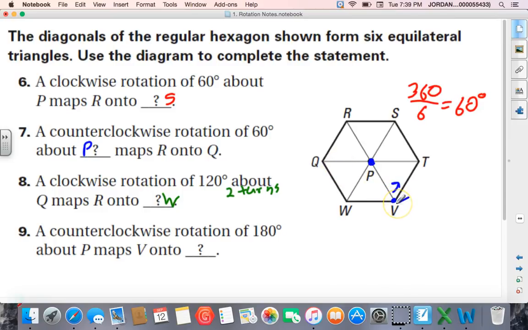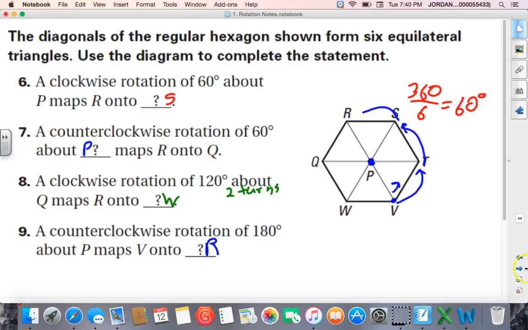So 1 turn is 60. A second turn is 60 more, which is 120. And then a third turn is 60 more, which is 180, which is what we want. So we're going to go from V up to the point R. You say, well, that looks like P. That's because I wrote over it a little bit. So we're going to go to the point R if we do 180 degrees counterclockwise about P.